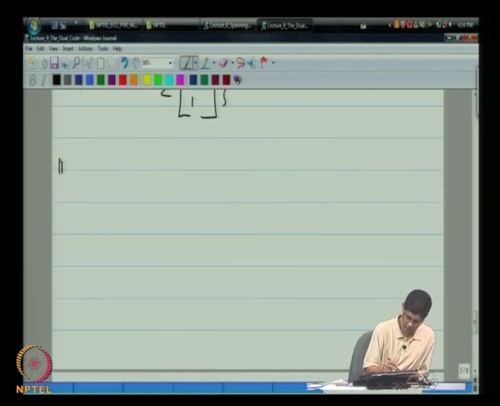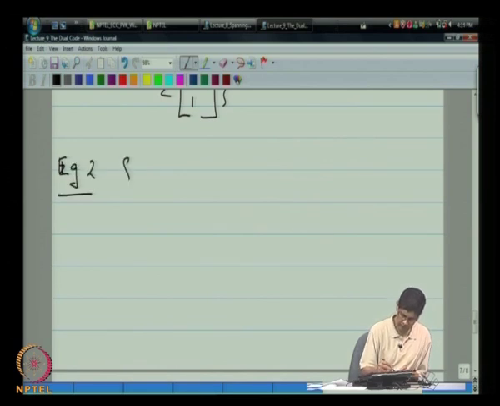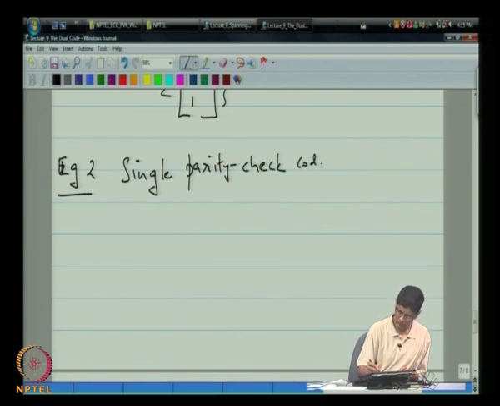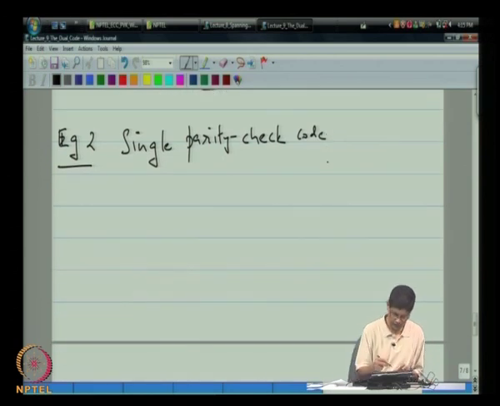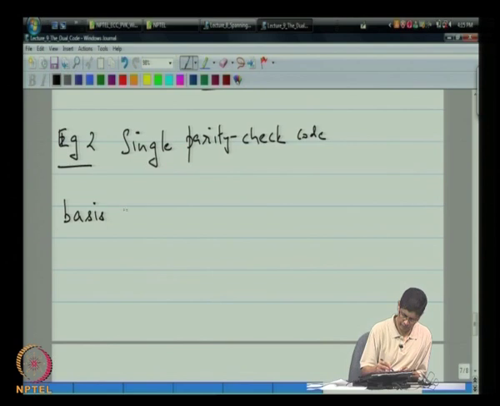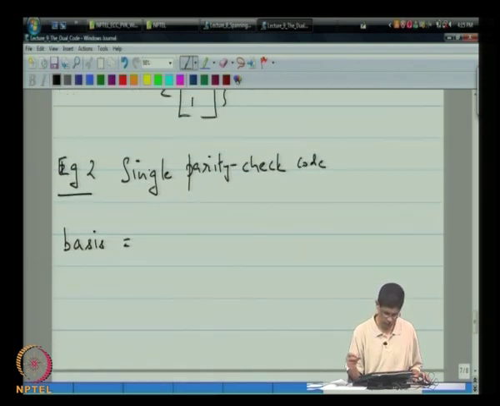Example 2, if you look at the single parity check code, then a basis for this is, now we have actually looked at that before.